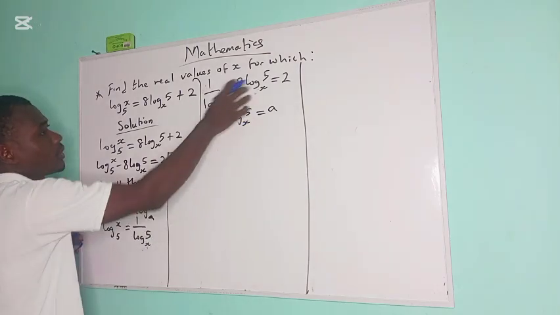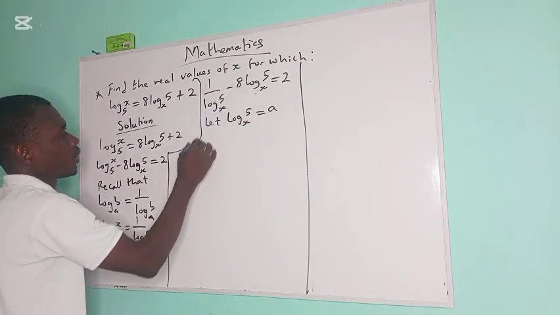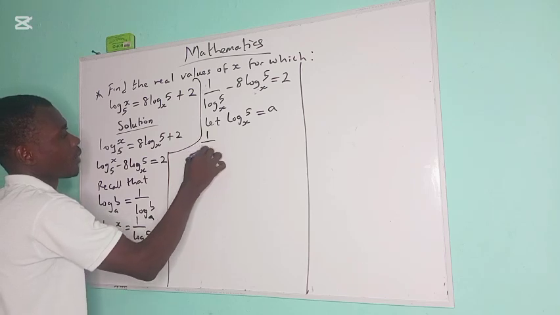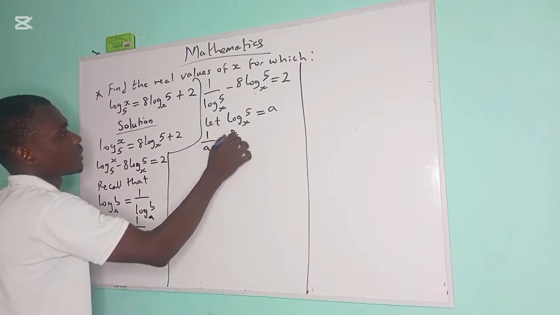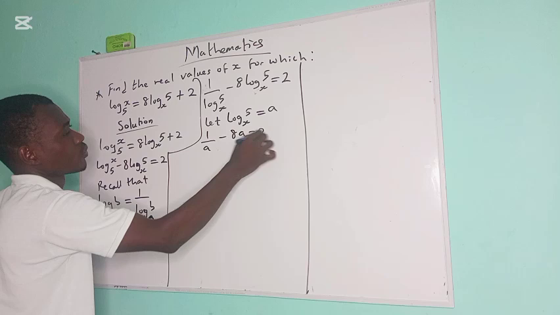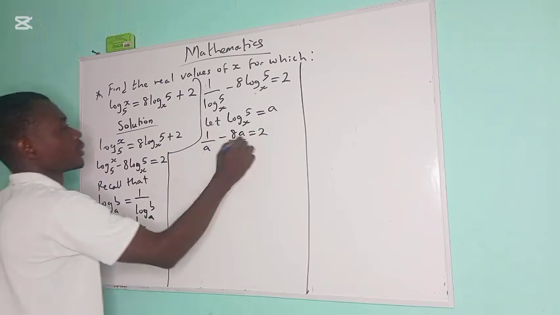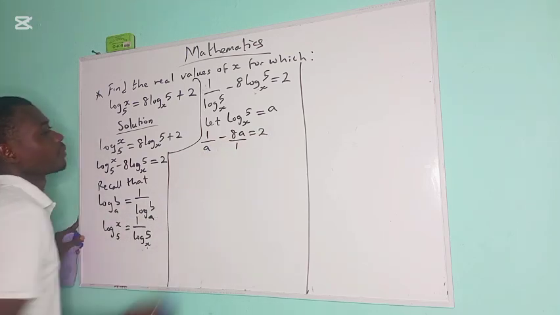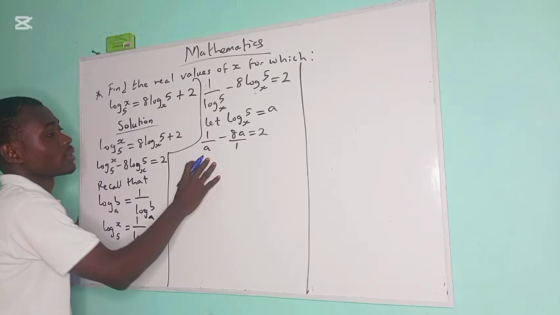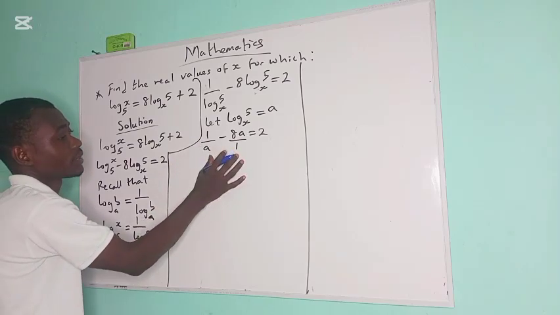So where you have this, you will substitute: 1 over a minus 8a is equal to 2. So find the LCM, which is a.